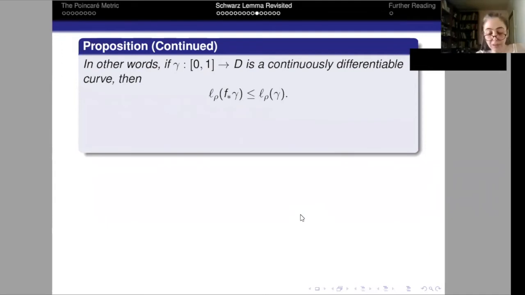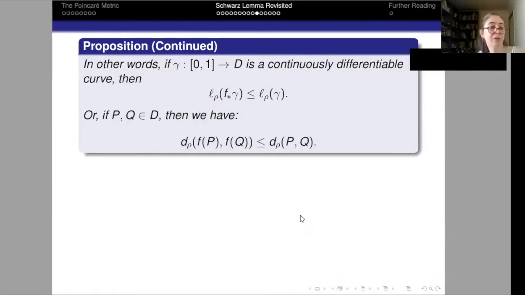So if we say it in another way, this means that if we take a gamma, a curve from 0, 1 to D, that we want to be continuously differentiable, then the length of gamma composed with our holomorphic function, with respect to the Poincare metric, is less than or equal to the length of gamma with respect to the Poincare metric.